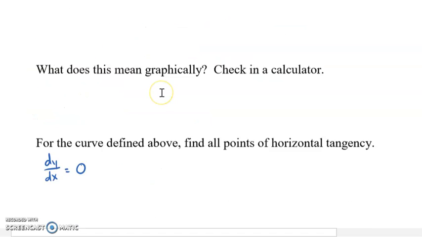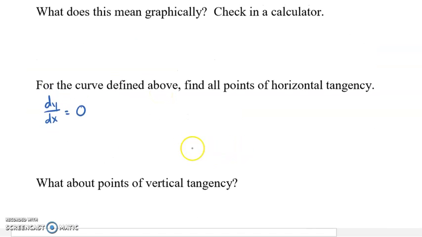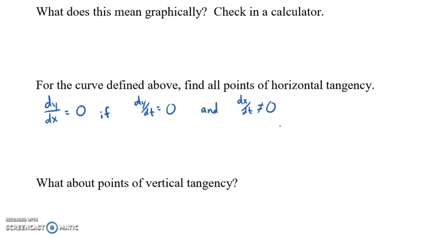But remember that this is going to equal 0 only if the numerator equals 0 and the denominator does not equal 0, right? If they both equal 0, then perhaps we have a horizontal tangent line, but as we just discussed, we don't. We have a slope of 3 there. So the moral of the story is don't just set the numerator equal to 0.